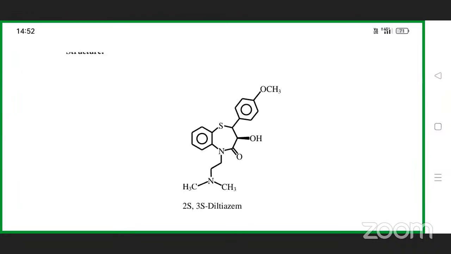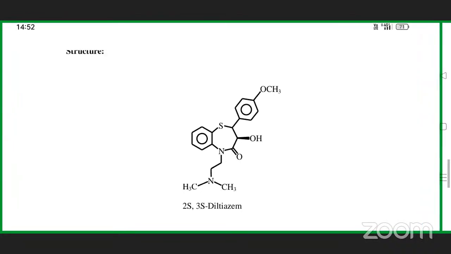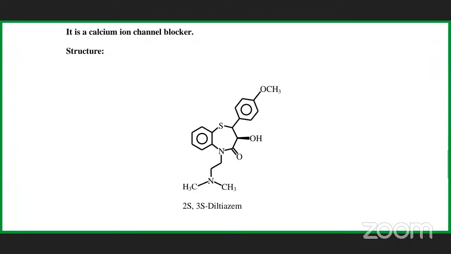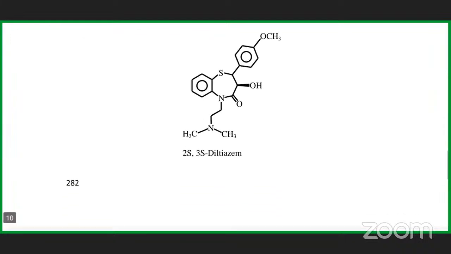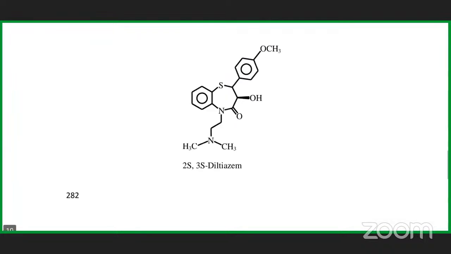So benzene with thiazepine, yes, this is the thiazepine ring, with some substitution of the methoxyl. So methoxybenzene and some tertiary amine derivative. This is the structure, you can remember this.